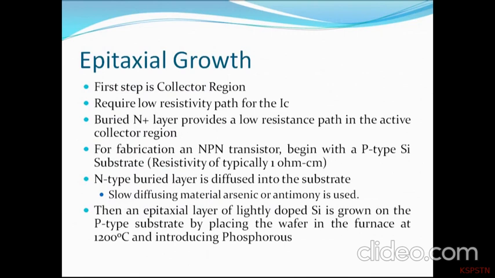A slow diffusing material such as arsenic or antimony is used so that the buried layer will stay put during subsequent diffusions. Then an epitaxial layer of lightly doped N-silicon is grown on the P-type substrate by placing the wafer in the furnace at 1200 degrees Celsius and introducing a gas which contains phosphorus.